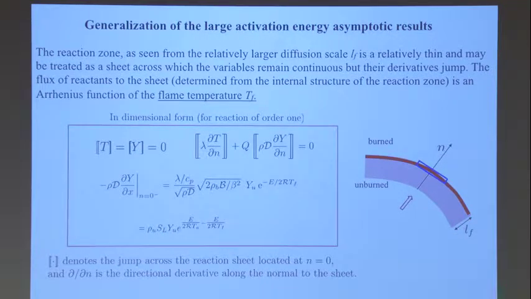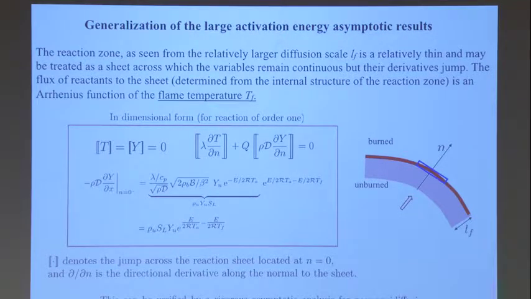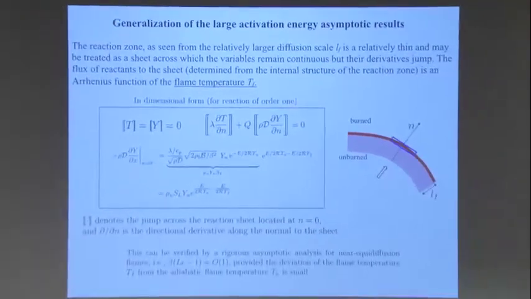In other words, when the flame is slightly curved, what will be important in the exponential is the deviation of the actual flame temperature from the adiabatic temperature. And we will see that those small deviations make quite a bit of an effect on the flame. Okay, so this is the generalization.